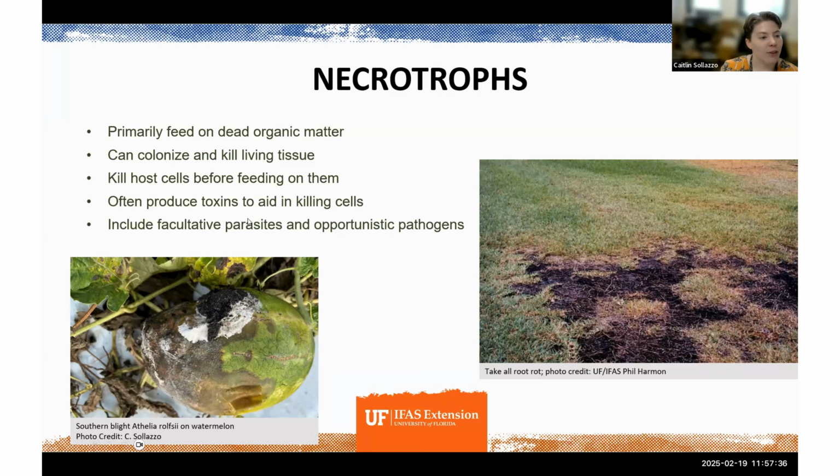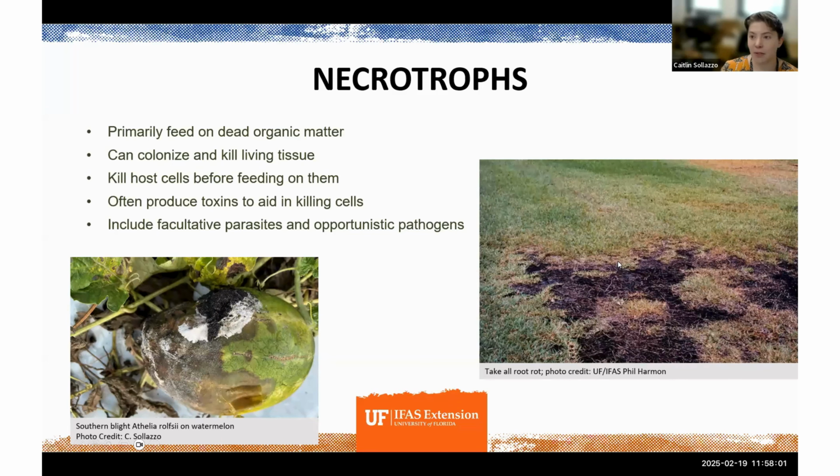They are facultative parasites and opportunistic pathogens, which basically means they don't have to be pathogenic. A lot of times this is the case when environmental factors come into play. When the plant gets stressed out, they tip over to being a pathogen. An example of this is take-all root rot. This is really common in St. Augustine lawns.